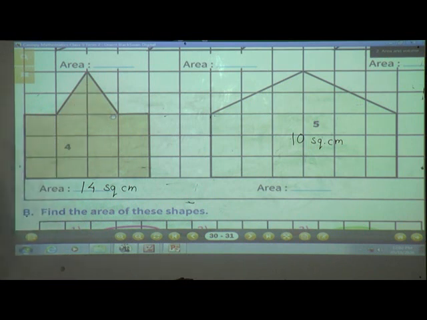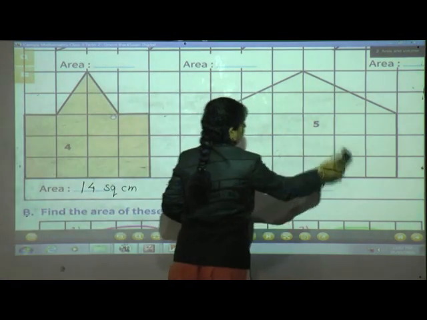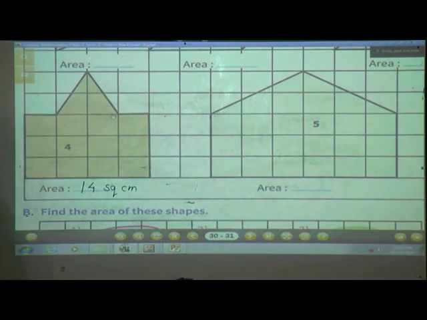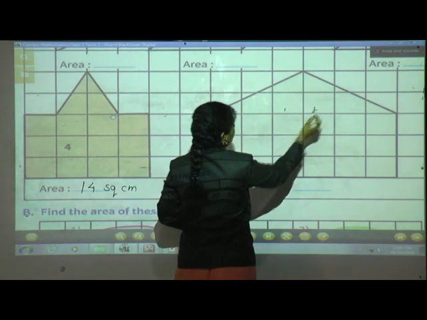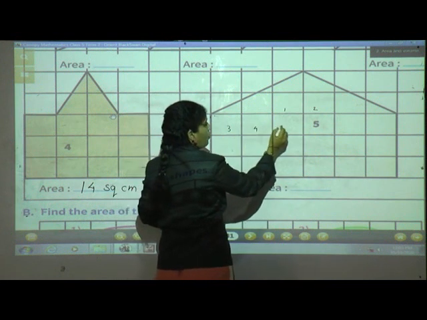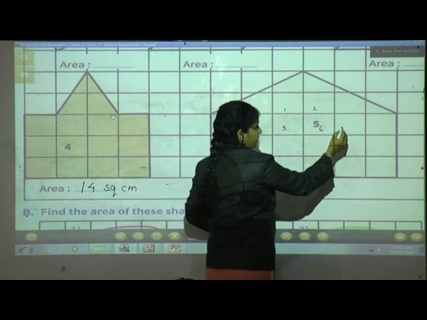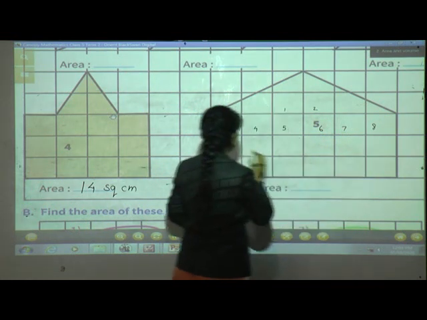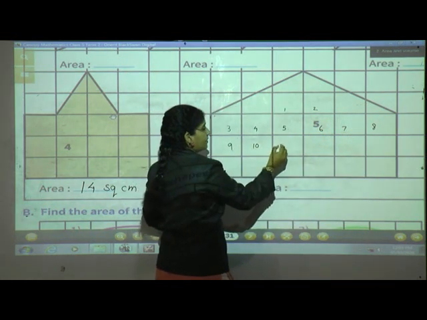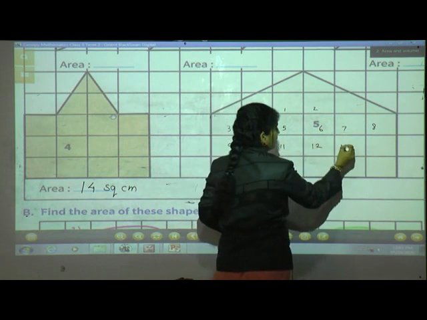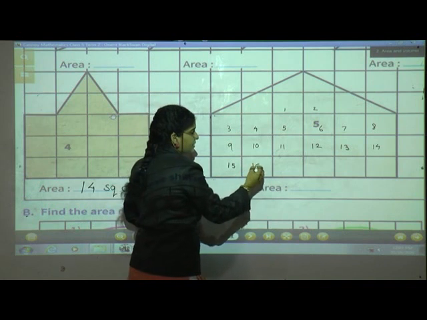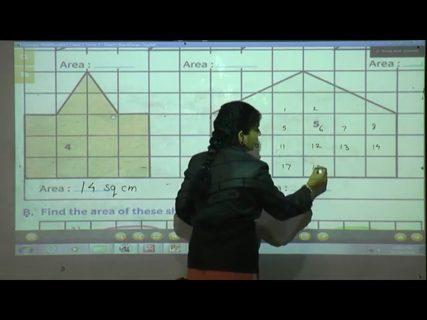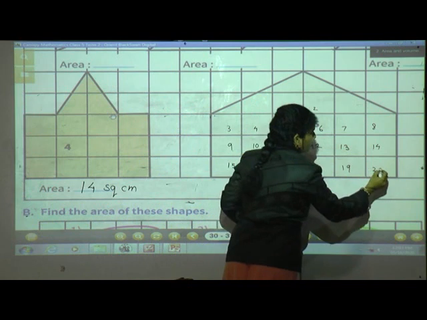Now fifth one. Count full squares first. 1, 2, 3, 4, 5, 6, 7, 8, 9, 10, 11, 12, 13, 14, 15, 16, 17, 18, 19 and 20.